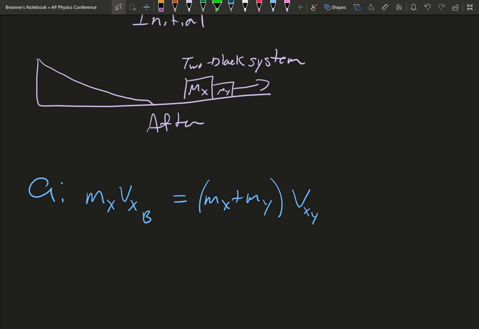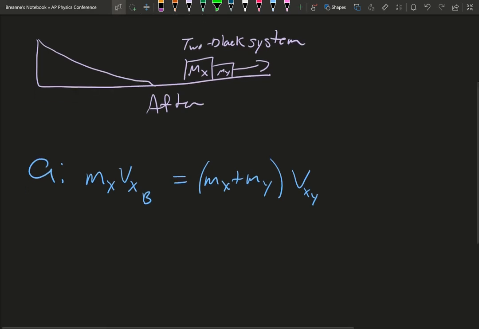But then you have to do your energy. Before the collision, you have gravitational, but you don't have kinetic, gravitational of X, but Y is not doing anything, so it's not moving, and doesn't have any height. It has to equal, so there's no height, but you do have kinetic of X and Y. So you're doing a combination.